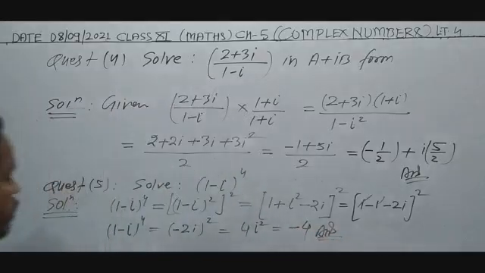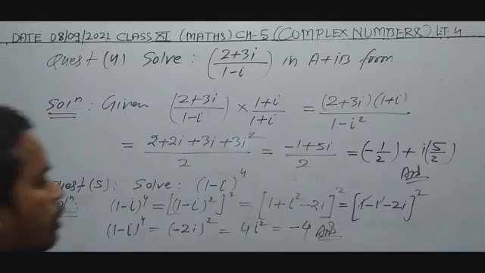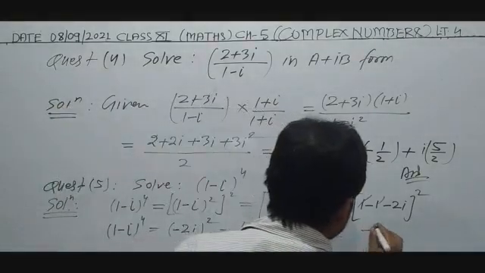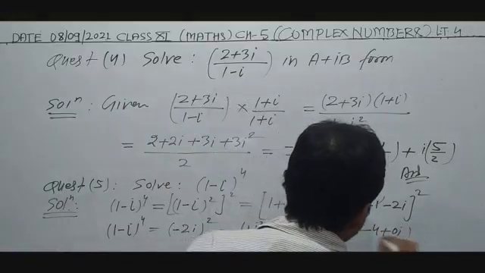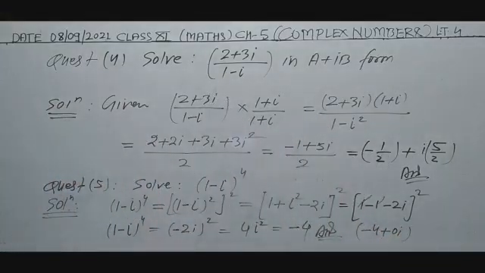So minus 4 is the answer. Or in a plus ib form you can also write minus 4 plus 0i. This is question number 5.